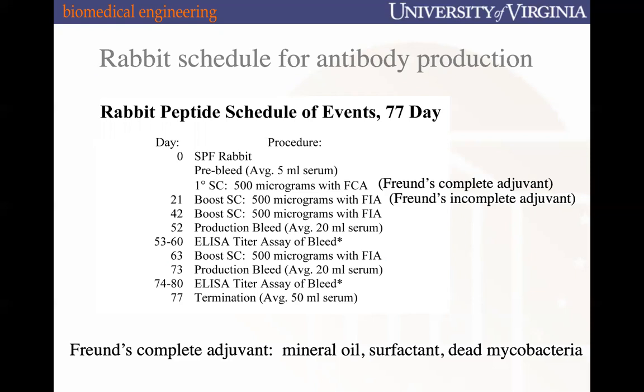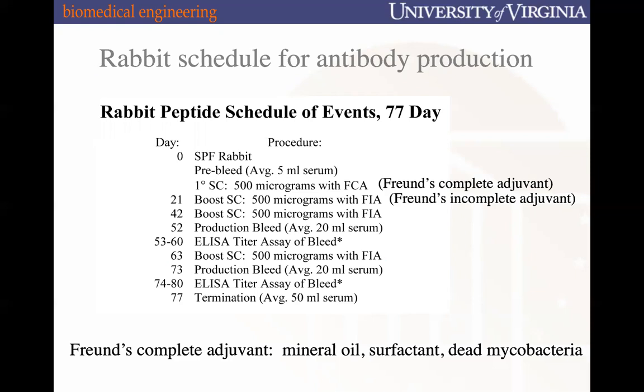Oftentimes you'll pay a little extra for them to be in pathogen-free environments, so they should not be undergoing a strong immune response that will mess with the antibody levels if you're trying to collect antibodies from these animals.